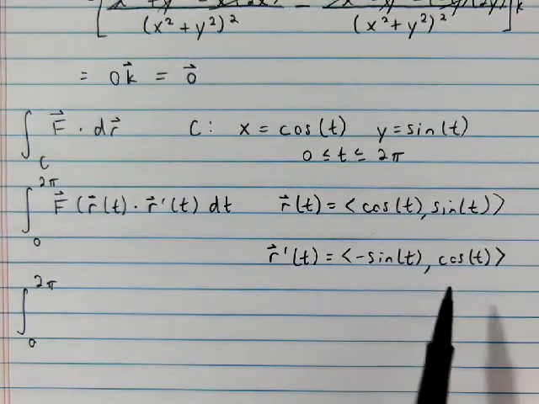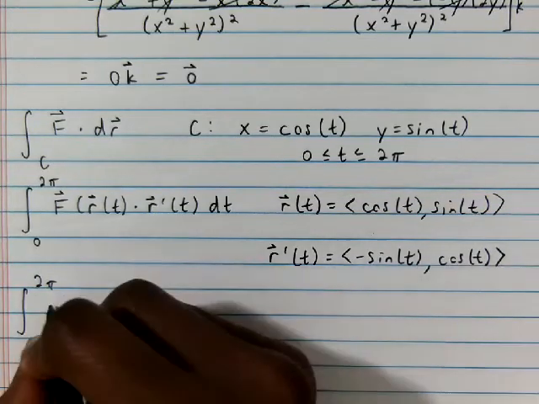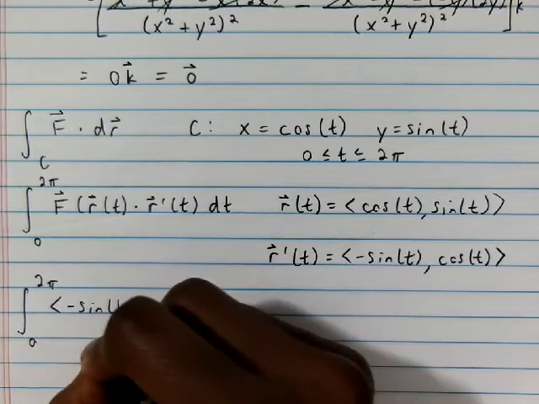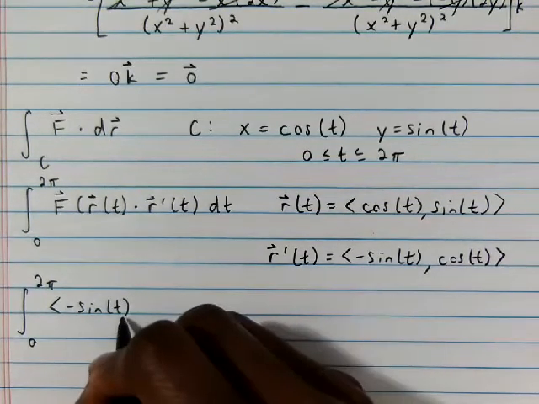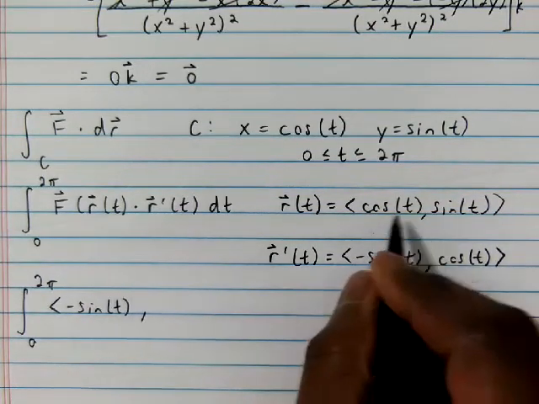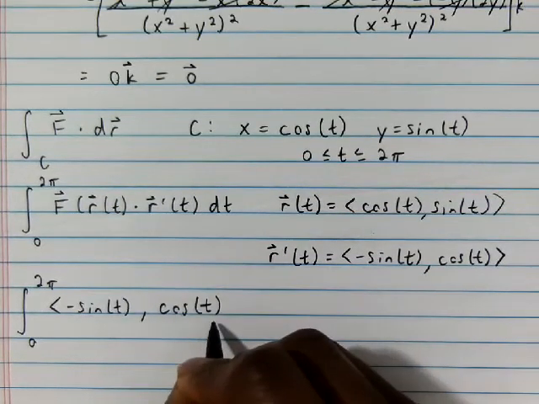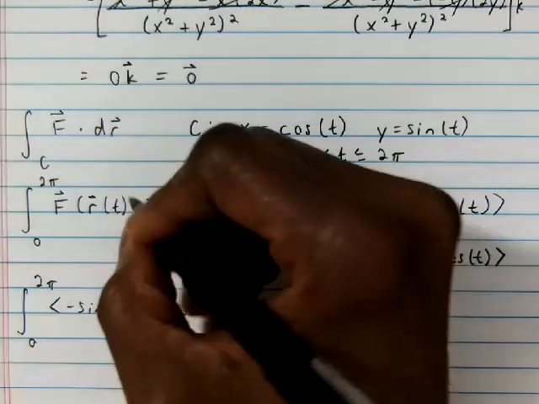Our numerators were negative y and x. So we're going to get the vector negative sine t over 1, because x squared plus y squared is 1, and then cosine t over x squared plus y squared, which is 1. So this is F of r of t. Oops, I'm missing a parenthesis.